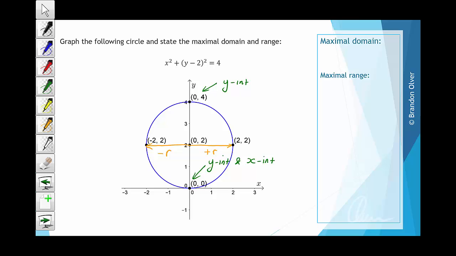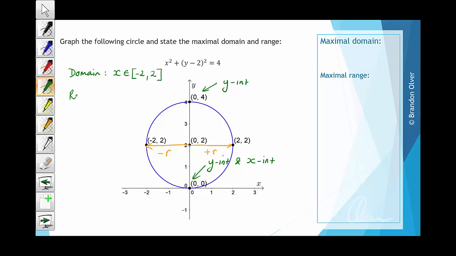The final thing we have to do is find the domain and range of this circle. The domain, remember, is the set of the x values which are allowed into the circle. If you look at the graph, it starts where x is an element of negative 2, and that's included, all the way through until 2.